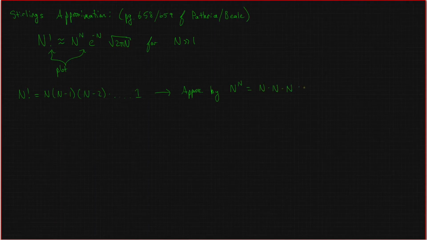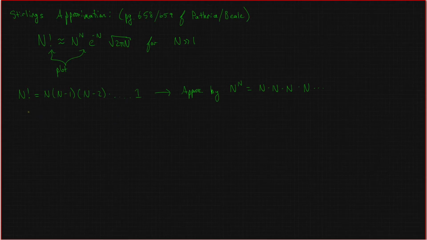Because you just keep multiplying by factors of n. But here, every single factor is getting smaller and smaller by 1. So it actually turns out that each factor here should be smaller than the previous one by a factor of e to the minus n.